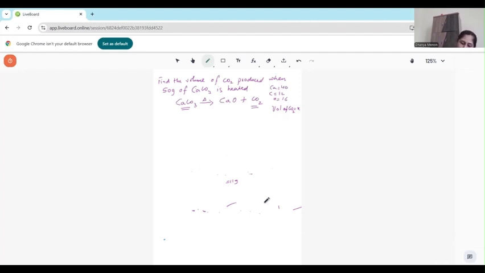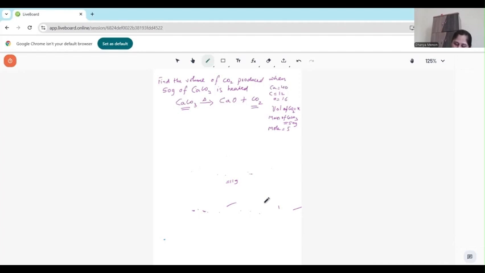Now, from the mass of calcium carbonate, which is 50 grams, can we find the moles? Moles equals mass over molar mass. By now that should be by heart, right? Moles equals 50 over the molar mass.